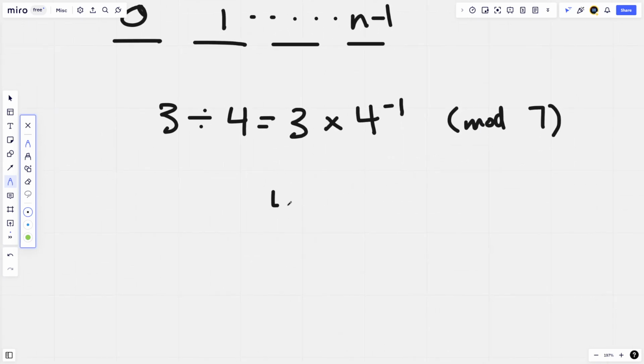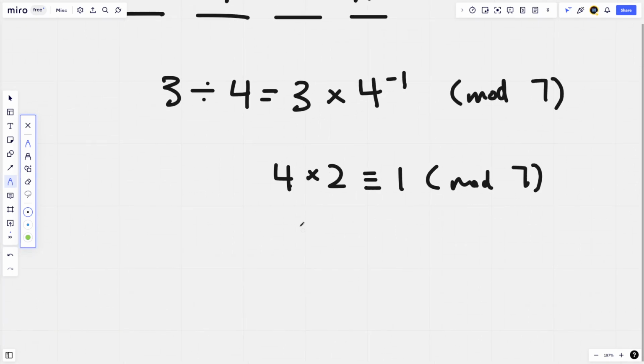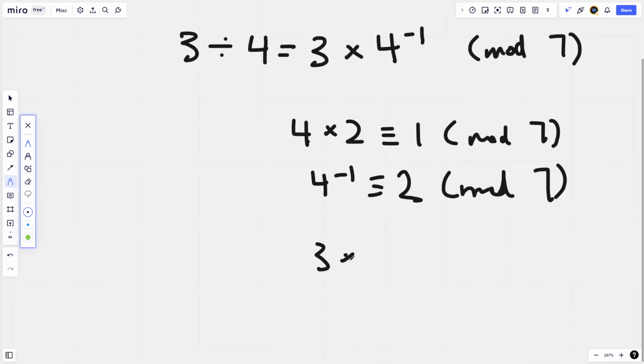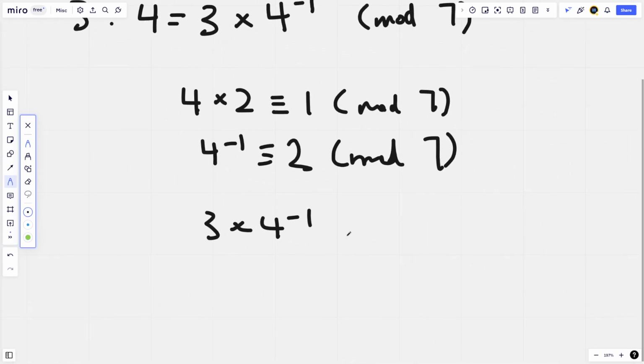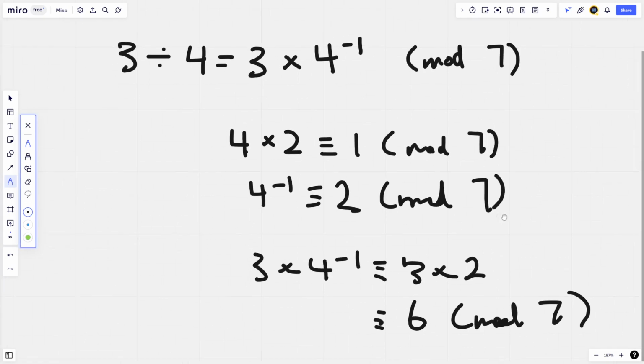So in this case, since 4 times 2 is equivalent to 1 mod 7, then the multiplicative inverse of 4 is 2 when working in mod 7. And so 3 times the multiplicative inverse of 4 is equal to 3 times 2, which is equal to 6 mod 7. So 3 divided by 4 would be 6.